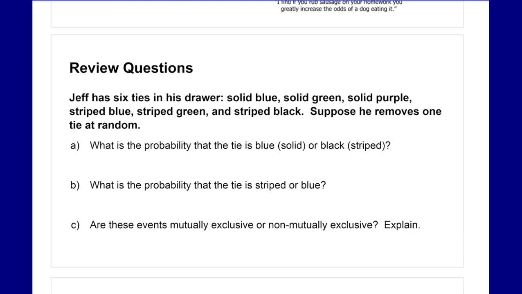B: What is the probability that the tie is striped or blue? And C: Are these events mutually exclusive or non-mutually exclusive? And explain. So again, take a second to think over these questions. I'll pause the video to give you a chance to try them on your own, and then we'll come back with the answer.